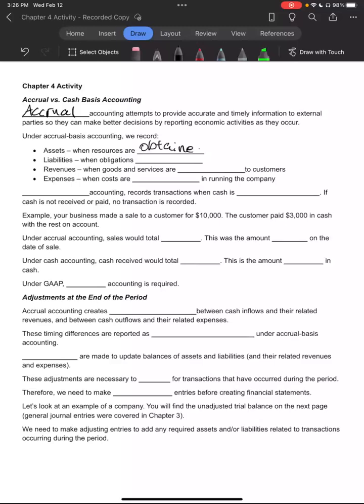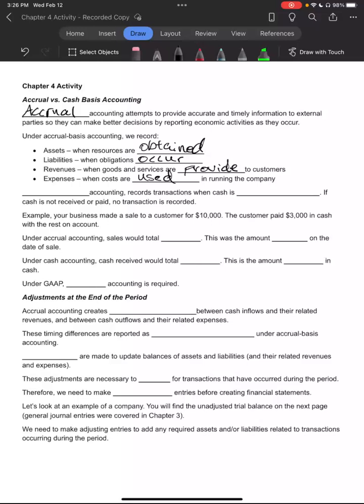Okay, so when we get an asset, we record it. We record our liabilities when they occur. Okay, so when we have somebody that we owe money to, now we have a liability and we record it then. Revenues are recorded when we provide the good or the service, right? We earn the revenue, so we have to provide it first. And then expenses are recorded when the costs are used.